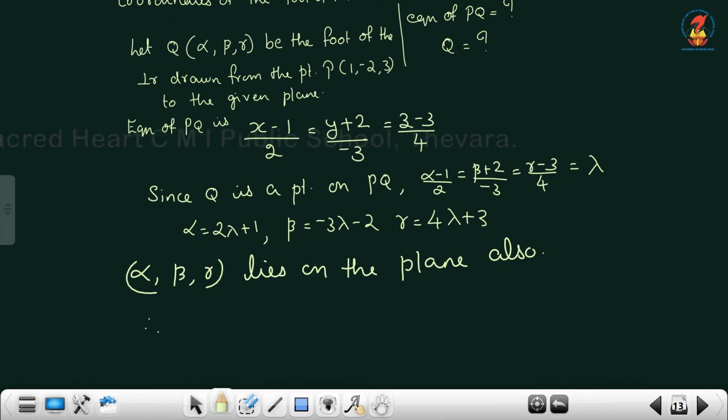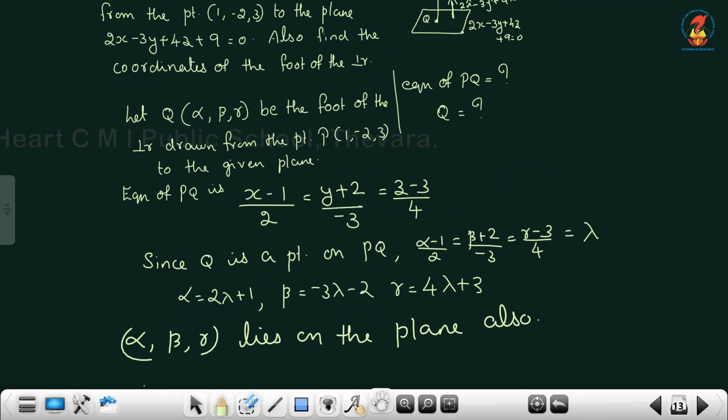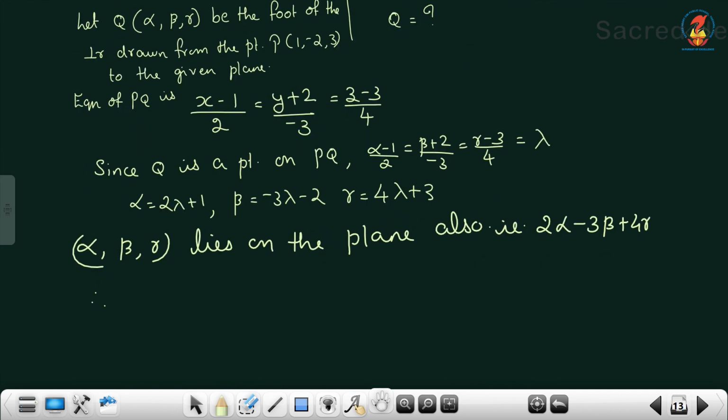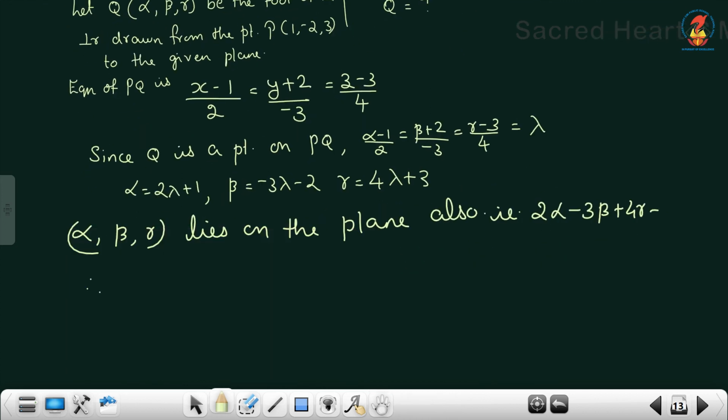Therefore, what is the plane equation? 2x minus 3y plus 4z, that is 2 alpha minus 3 beta plus 4 gamma, plus 9 is equal to 0.